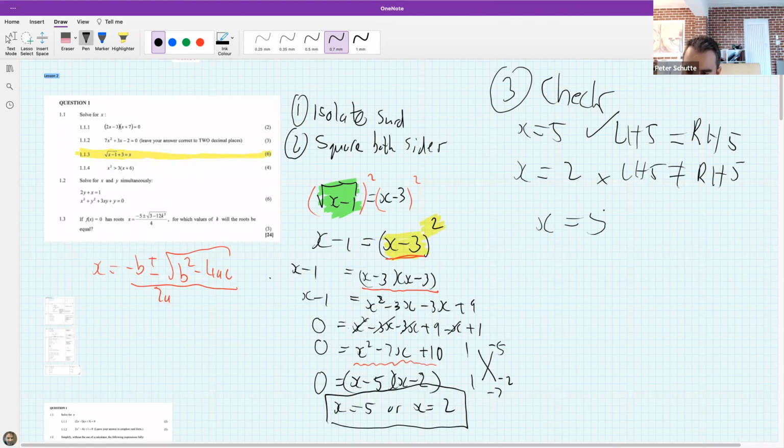And the answer is just going to be x is 5. So when I put the numbers back into the original equation, you can see that x is 2 doesn't work, and that's why we reject it.